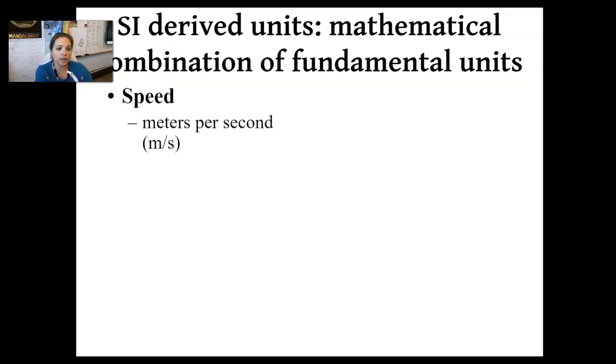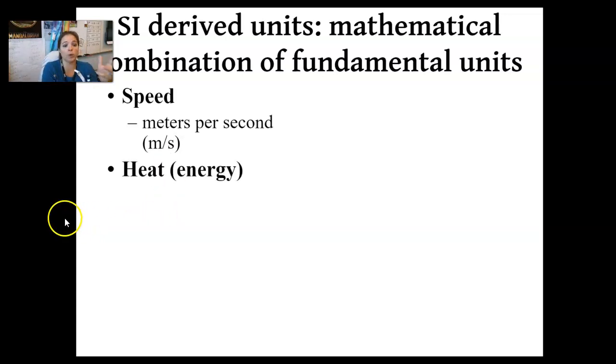So SI derived units. We're not looking at fundamental now, we're getting derived. These are put together. These are mathematical combinations of fundamental units. Like speed. Speed is meters per second, so it's going to be meters over second. We're using two fundamentals, combining them to figure out the speed.